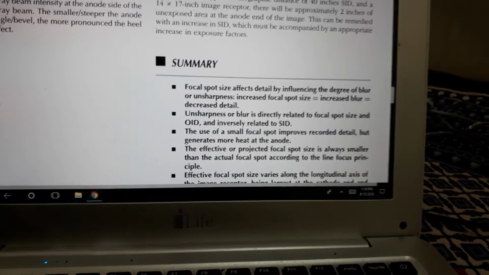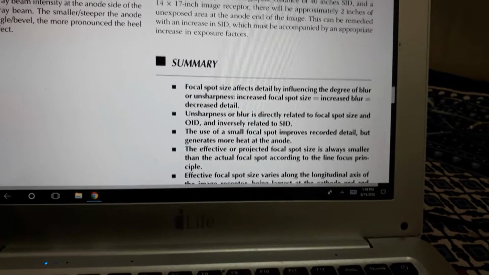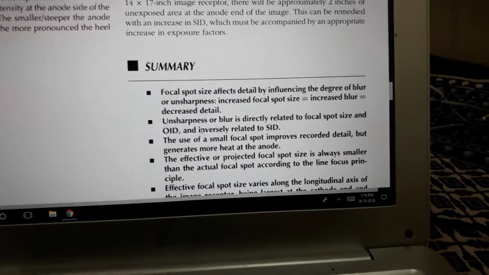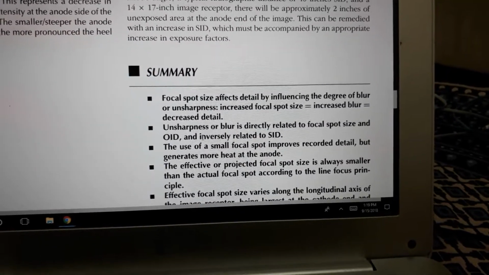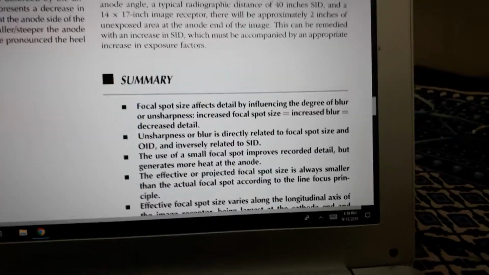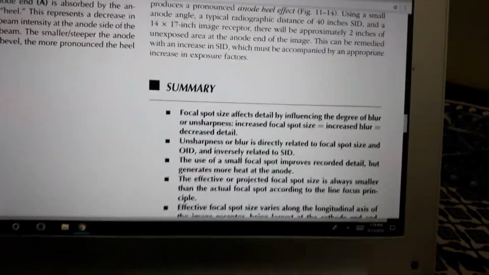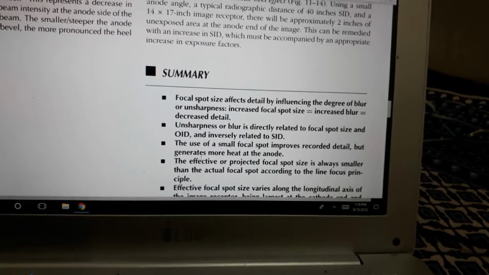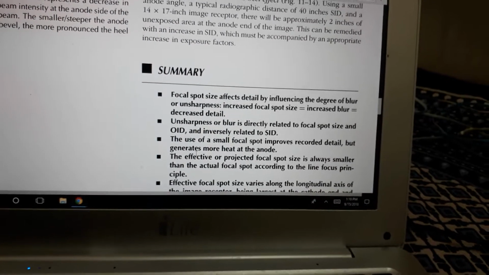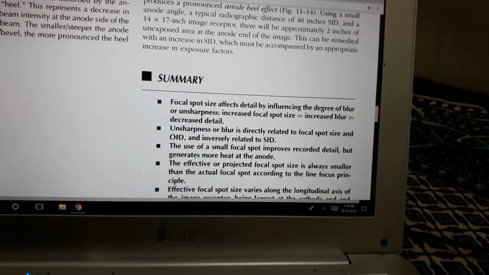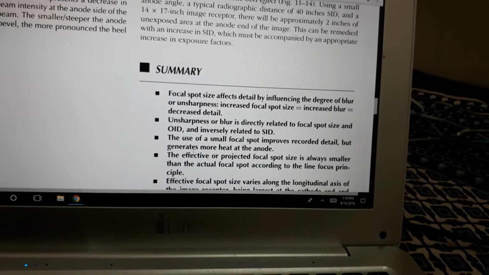Increase focal spot size, increase blur, decrease detail. Unsharpness, or blur, is directly related to the focal spot size and the OID, and inversely related to the SID. The use of a small focal spot improves the record detail, but it generates more heat at the anode.